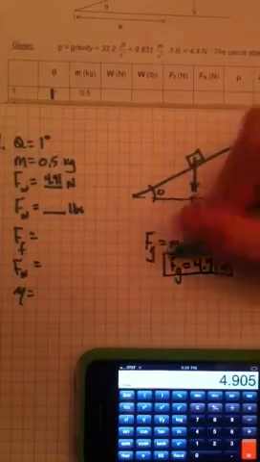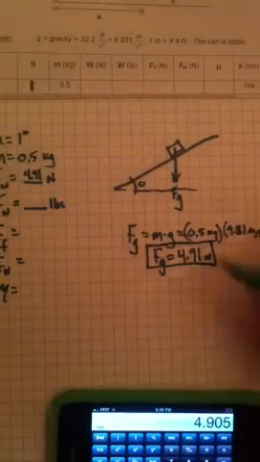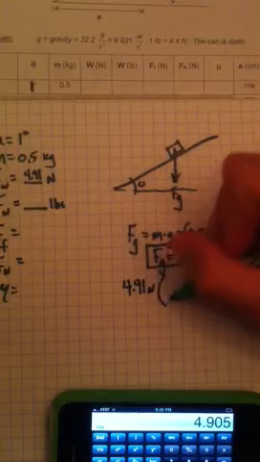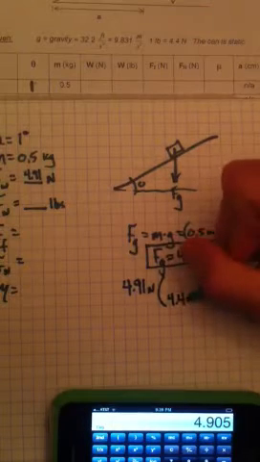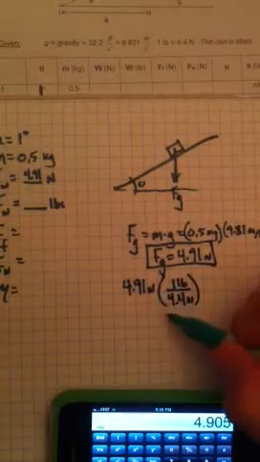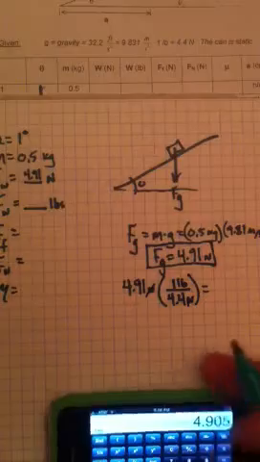Important information. To change from newtons to pounds, just to give you an idea of what we're talking about here, is pretty simple. You just take 4.91 newtons, and because there are 4.4 newtons in 1 pound, you're going to divide so that the newtons cancel out, and we're left with pounds.